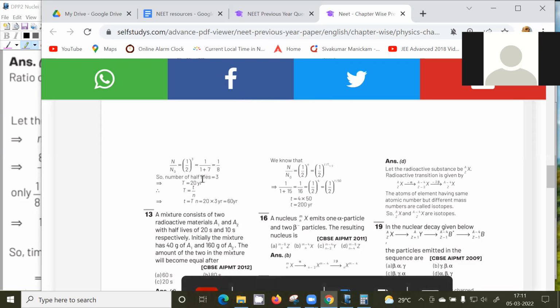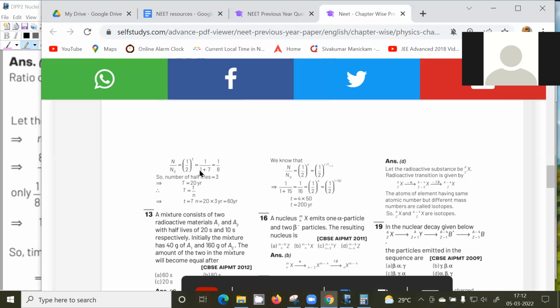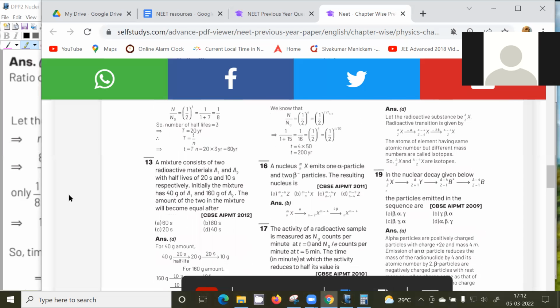They have taken n as 1, no. It's n by n naught, it's a fraction, no? Yes, sir, the n value they didn't mention. Actually, this 1 is 1 times X and 7 times Y. Okay, leave it.